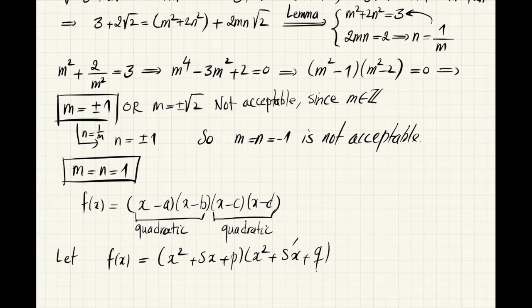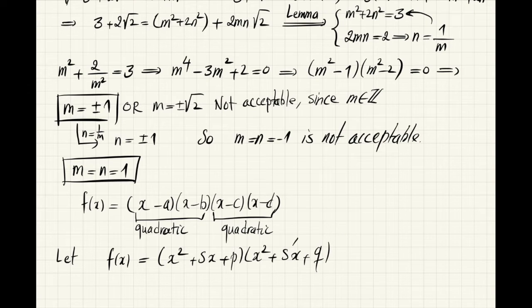But if I want to calculate the coefficient of x to the 3, what is the x to the 3 term coming from? The x to the 3 term comes from multiplying x squared by s prime of x. Another x to the 3 comes from the multiplication of this term by that term. I will not be able to get x to the power of 3 in any other way.